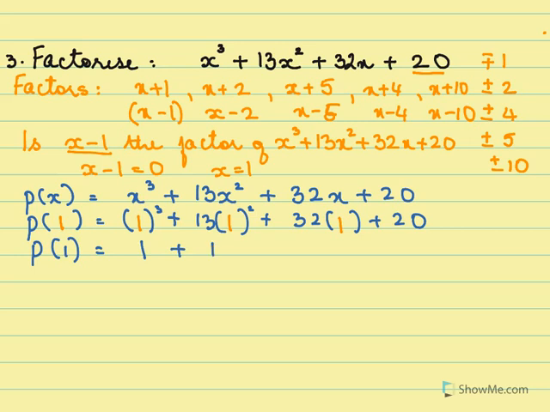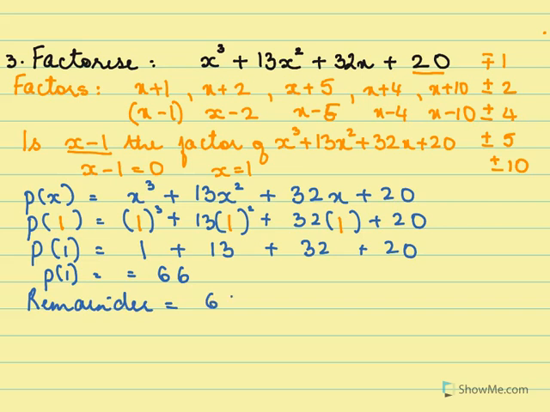Now p of 1 equals 1 plus 13 plus 32 plus 20, and this is definitely not 0. So p of 1 equals 66. So remainder is equal to 66. Remainder is not equal to 0.